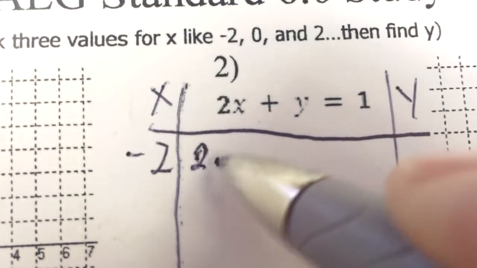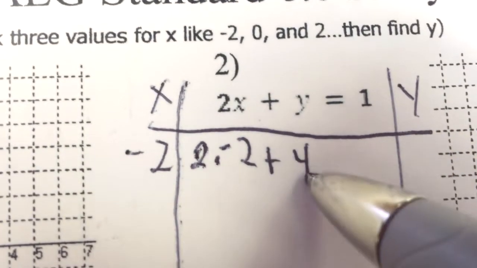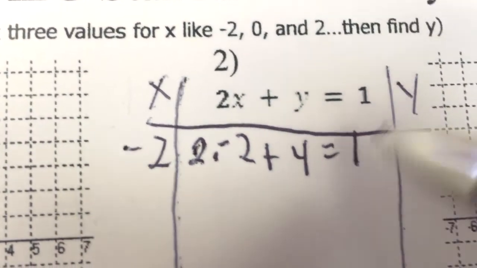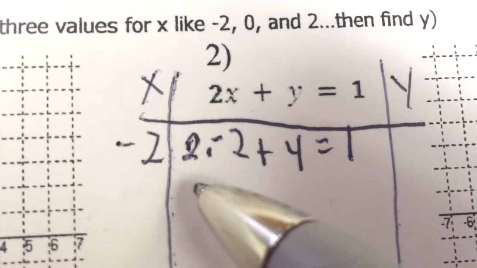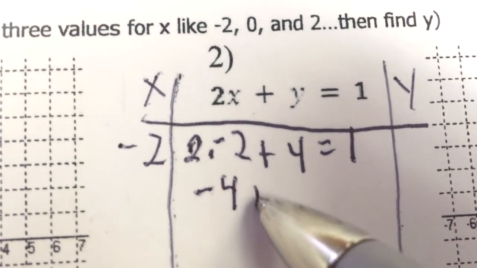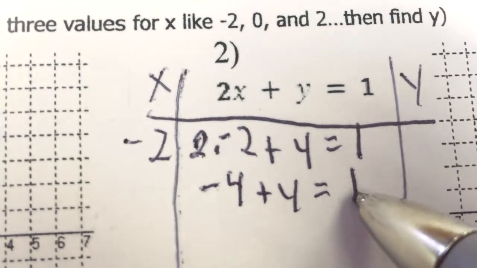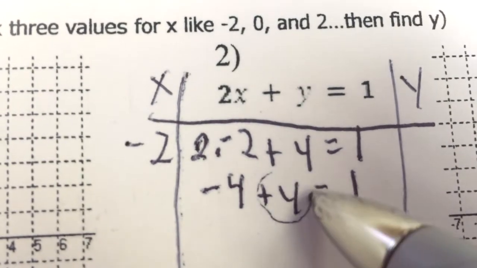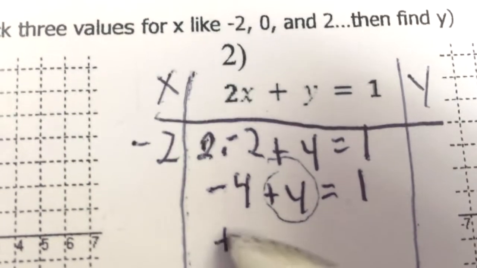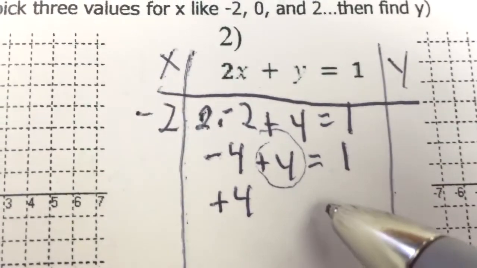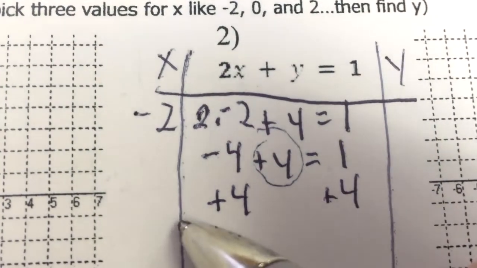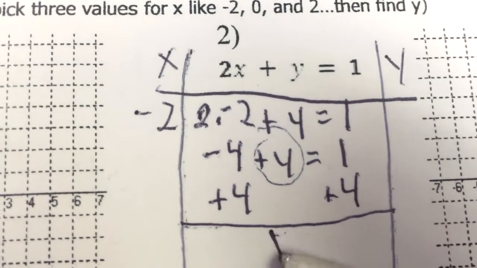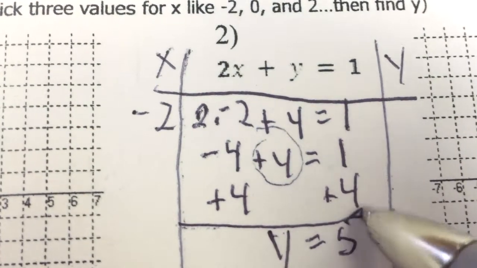So this would be 2 times -2 plus y equals 1. 2 times -2 is -4 plus y equals 1. If I want to know what y is, I have to get rid of my -4 by adding 4 on both sides. So y equals 5.